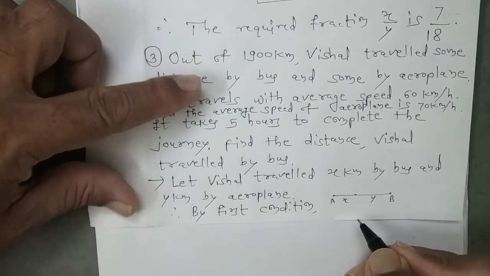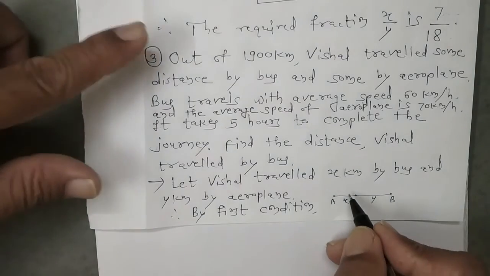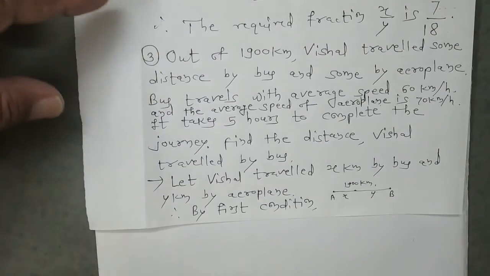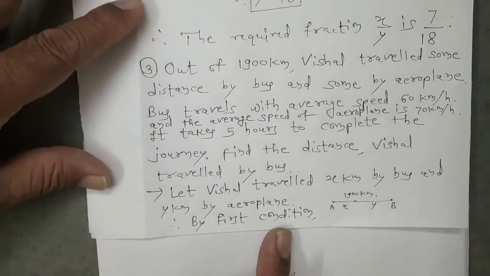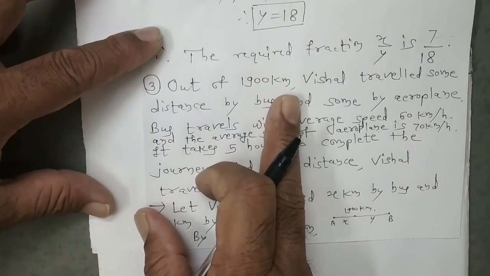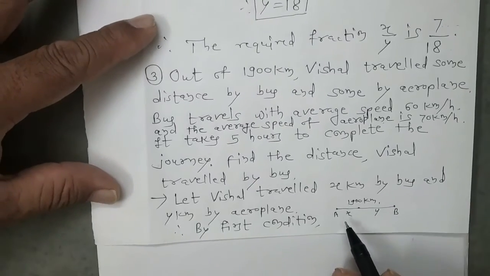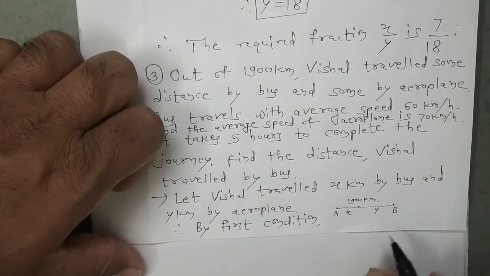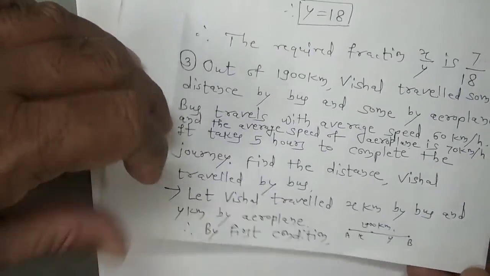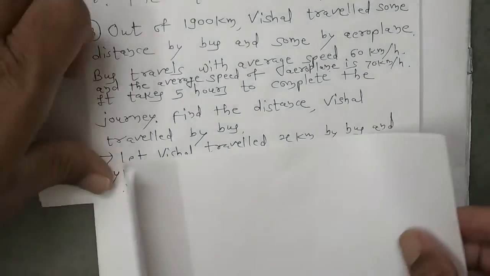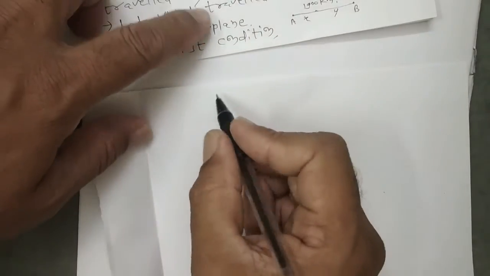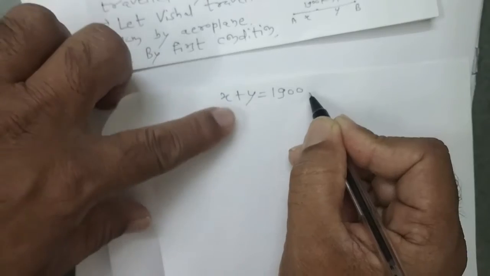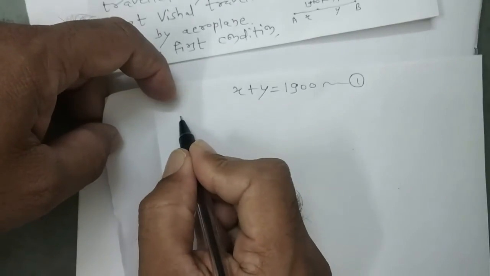Therefore the total distance between these two cities is 1900 kilometers. So by the first condition we get x plus y is equal to 1900. This is equation number 1.